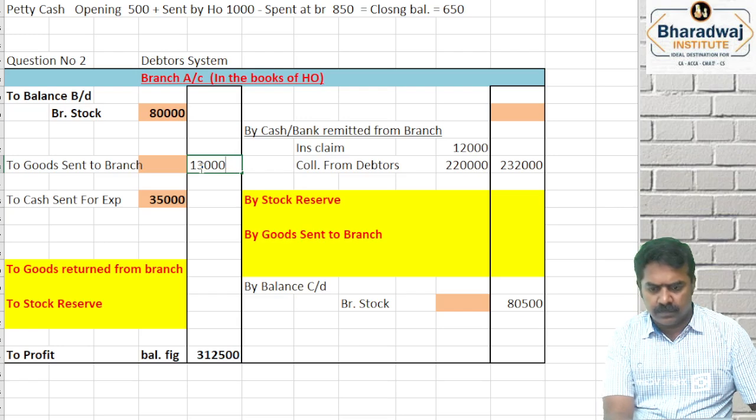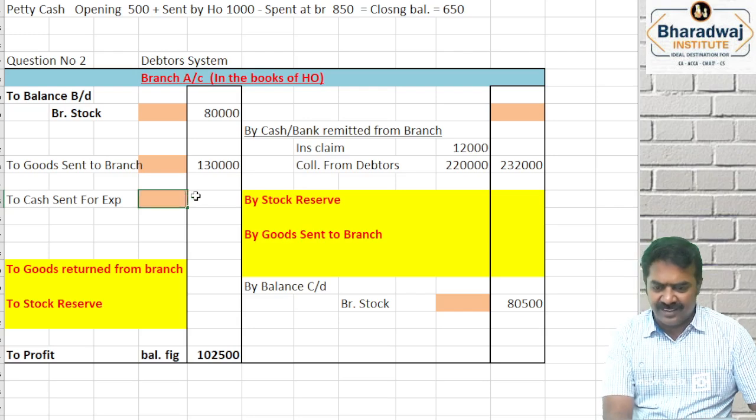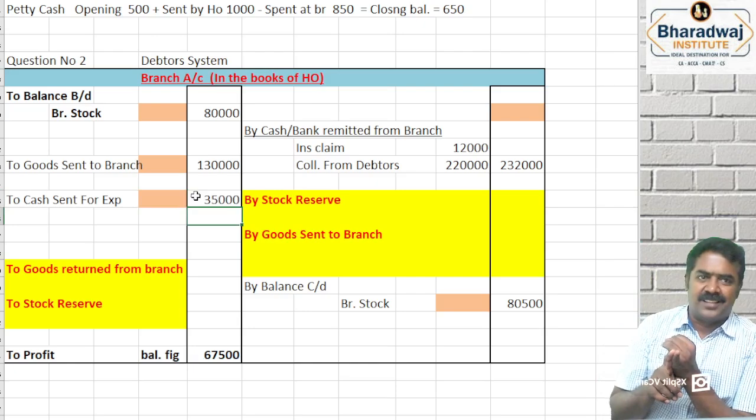Debtors opening balance is not given, closing balance is not given, which means whatever is sold is collected, there is no other way. Clear?